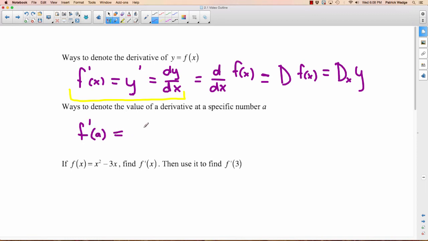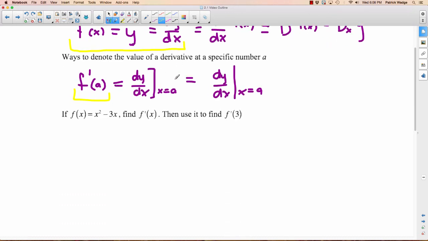Another way is dy dx, just like we had here, but you put this square bracket and then say when x equals 2 or 3 or 4 or whatever, we'll just put a. And the final way, which is very similar, is dy dx, just a line, and then x equals a. To be honest, this is by far the most common way you're going to see it. But these other two, yeah, I've seen those as well.